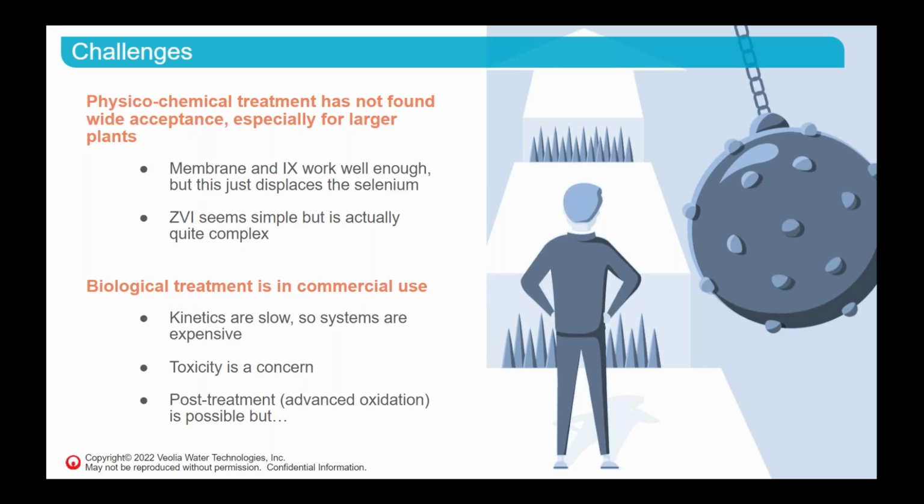Zero valent iron, which is the reduction of selenium on elemental iron, seems quite simple, but actually it's quite complex. There are a number of side reactions, including with nitrates. Nitrates actually compete with the selenium for the reduction by iron. It has a tendency to produce a lot of ferrous iron in the water.